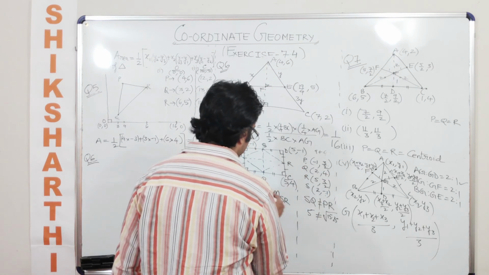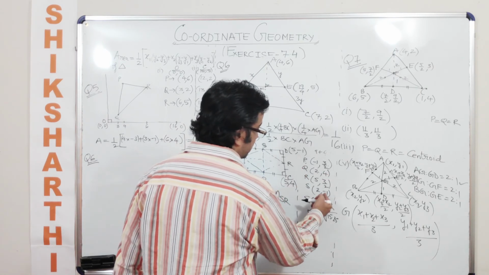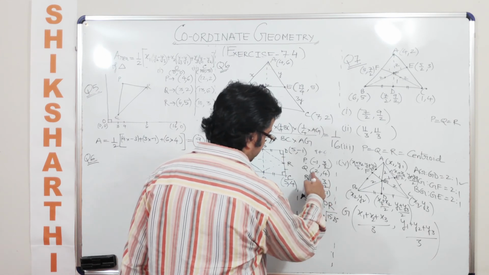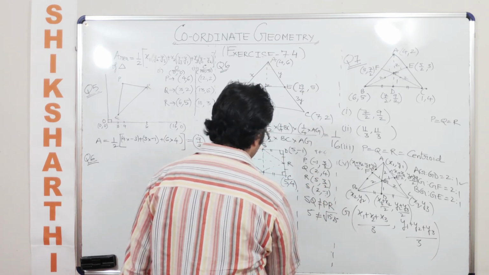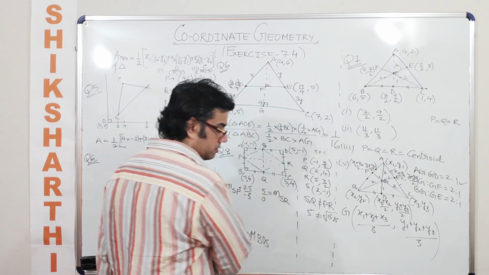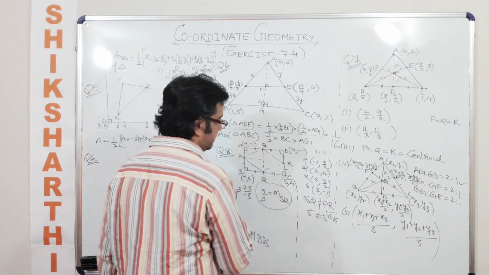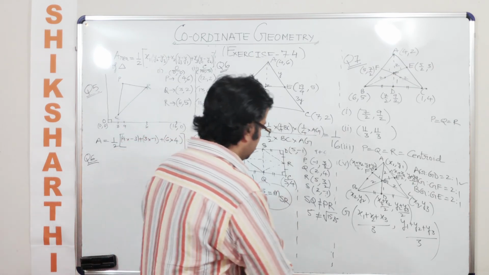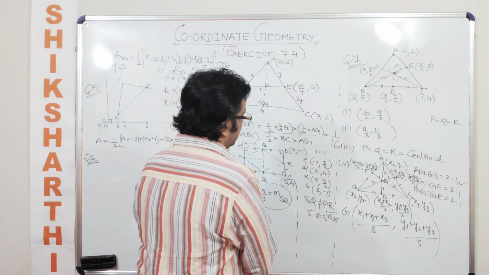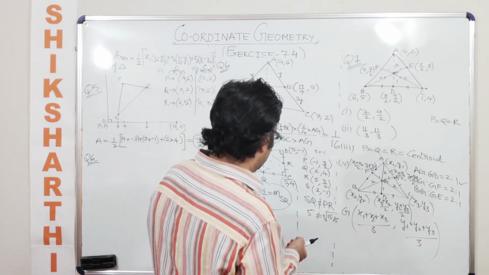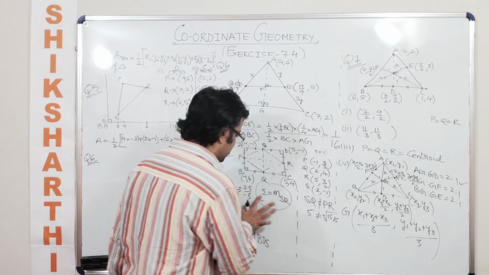So 4 minus minus 1, which is 5, right? 5 divided by 0. So which line's slope am I trying to calculate here? We are trying to calculate the slope of the line SR. Oh, we did this incorrectly.